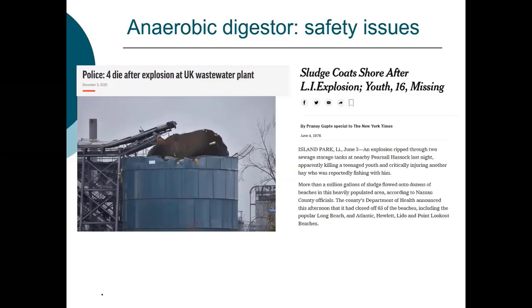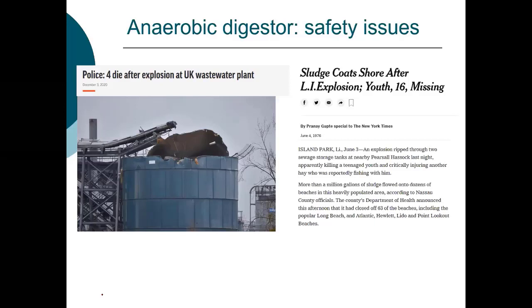There was one very recently in the UK, last week, and 4 people died from an explosion. You can see the roof, how that has exploded. The one in 1976, I grew up on the East Coast.